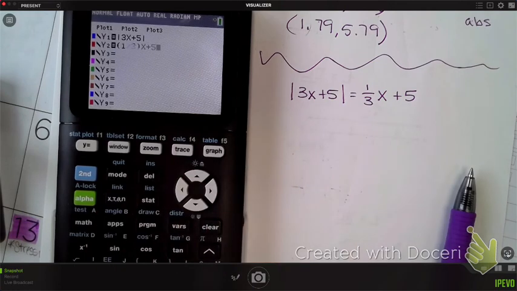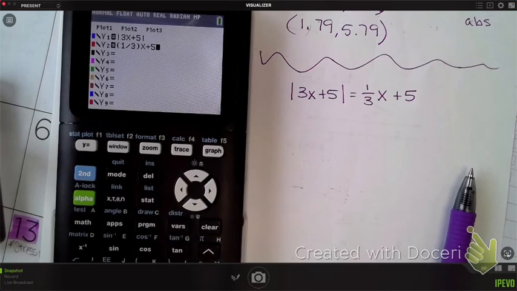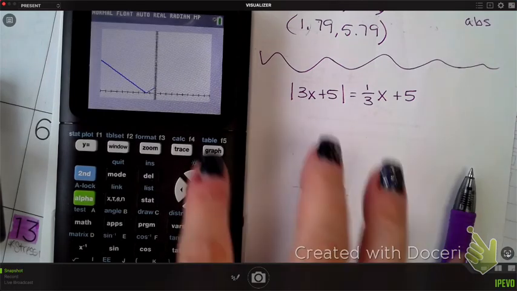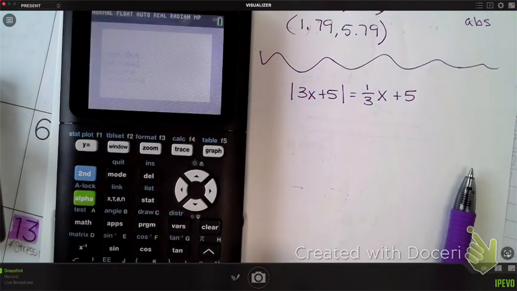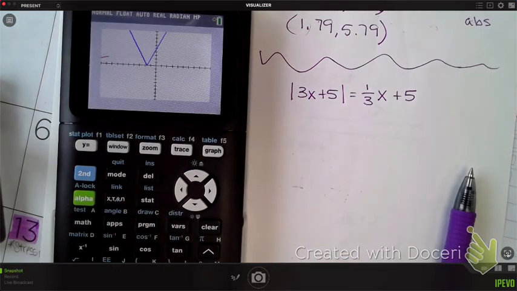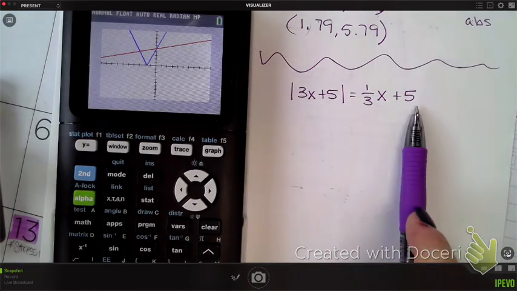Do you see how I put the fraction in there? Wait, will you go to your graph? My graph might look different because I was messing with it. The left should be an absolute value, yes? And the right, isn't that a linear equation?